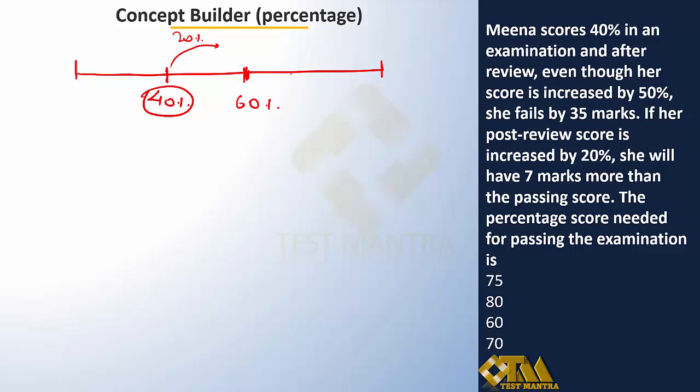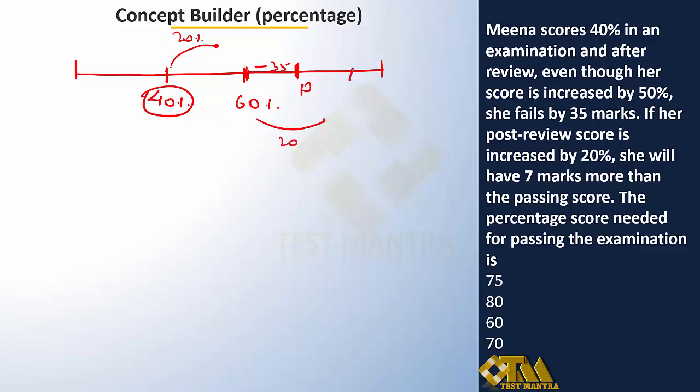She failed by 35 marks. That means let's say the pass mark is here. Sorry, this gap is nothing but 35. If her post review score is increased by 20%, so that means from here it is increased by 20%.